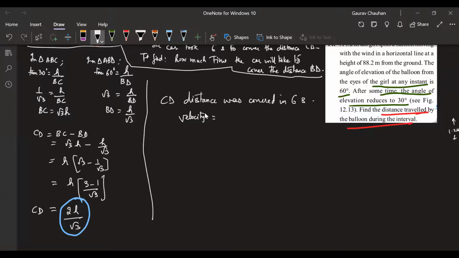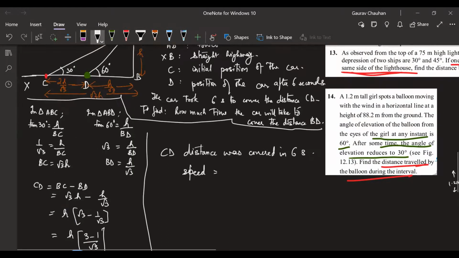It says uniform. What's the word the question uses? Uniform speed or velocity? Speed it uses. So let's use the word speed only. So the speed is equal to distance by time. So CD distance, this much distance was covered in 6 seconds, correct?